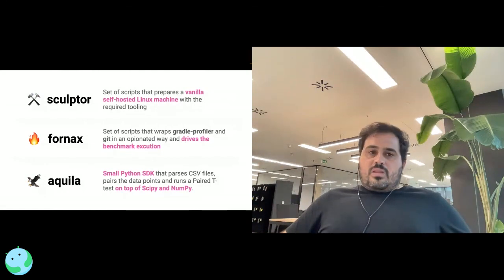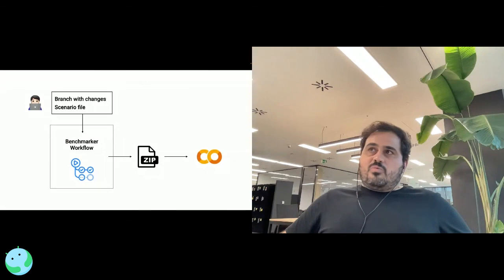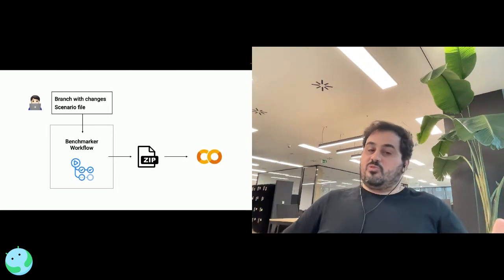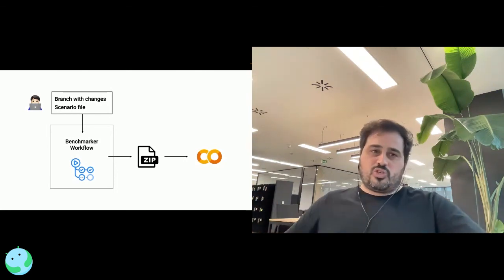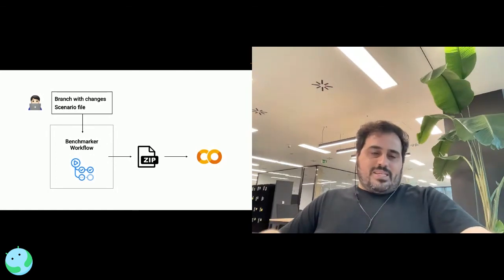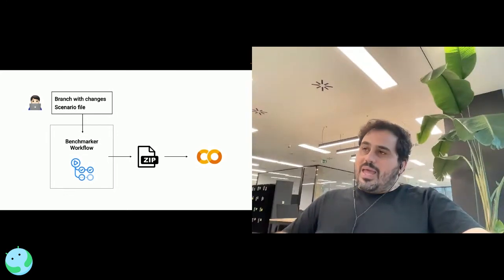How do we do this? The self-service workflow is quite simple. The engineer, like me, will code some changes in our monorepo and push that branch, opening the pull request. You just need to push that branch. It will go to the Machete Benchmarks repository and trigger a workflow, passing the name of the branch that was just pushed to the remote and the name of the scenario file that we want to execute.